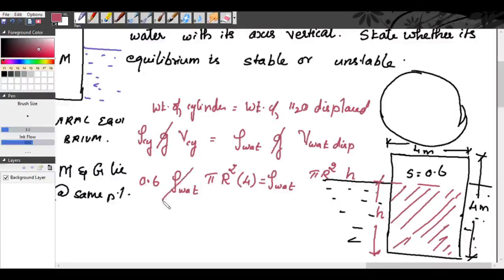So we can cancel the density of water, pi, and r square and r square. What we get is h is equal to 0.6 into 4, which is 2.4 meter. So the height of the cylinder immersed in the water is 2.4 meter.